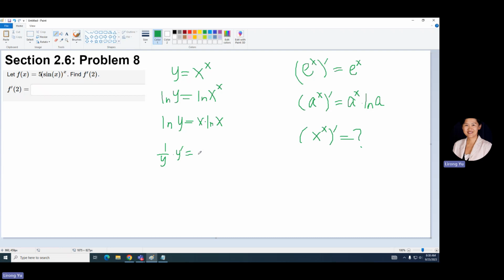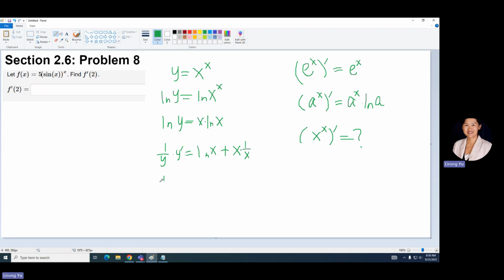You differentiate the first one: that's 1 times ln of x. So we have ln of x plus, this time we keep the x but differentiate the logarithm. The derivative of the logarithm is 1 over x, so we keep the x and multiply by 1 over x.